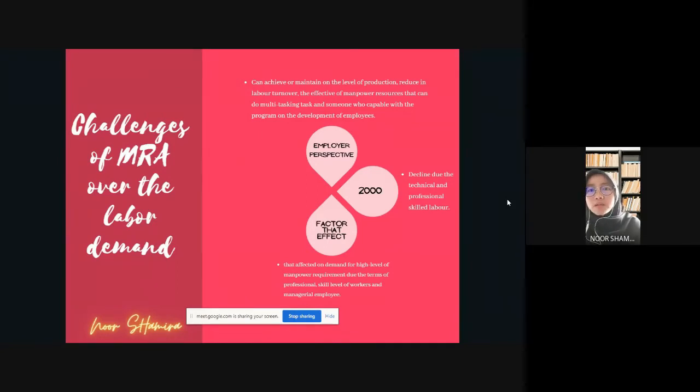Third is the factor that affected the demand for a high level of manpower requirement, in terms of professional, skill level of workers and managerial employees. That can be concluded: professional and skill level of workers is the most important challenge in order to contribute to increasing the output of the manufacturing sector in Malaysia. Next, I will pass to the next presenter.